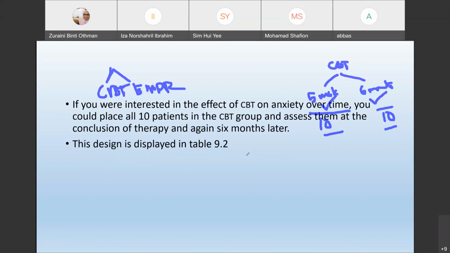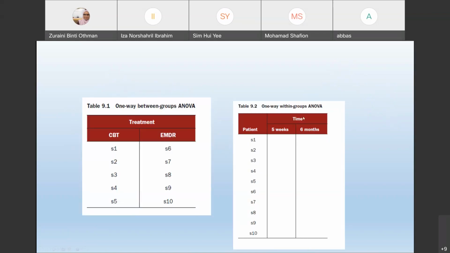This design is displayed in table 9.2, and it is what we call within group: within this group of 10 people, we measure by time, after 5 weeks and after 6 months. Is there any difference? And this is between group, using a different treatment therapy, right?